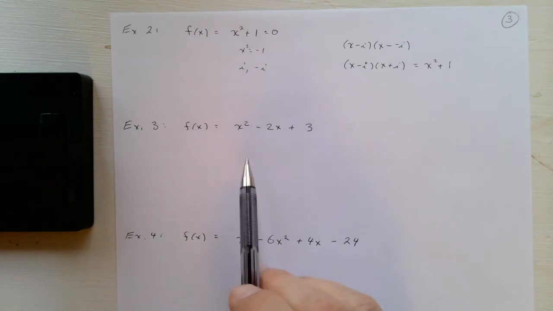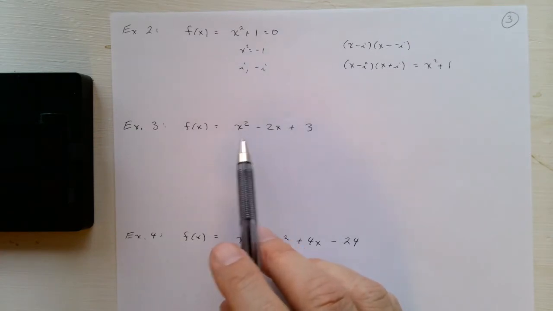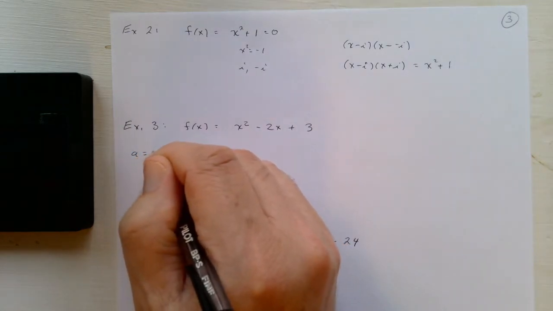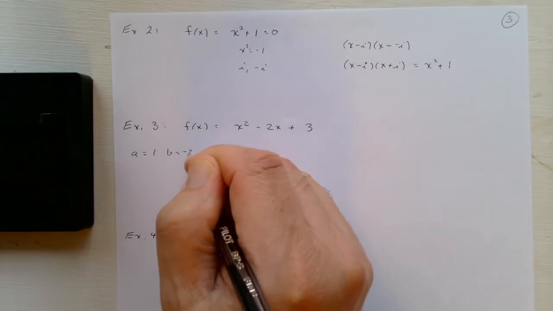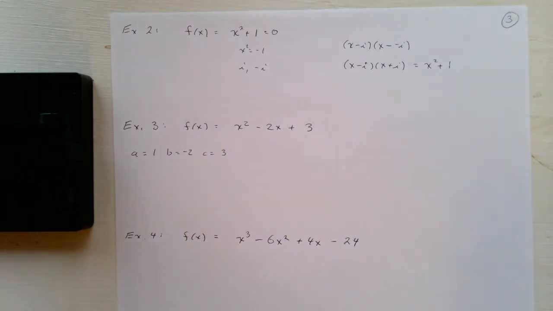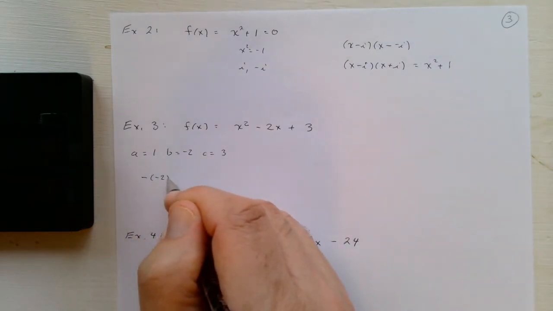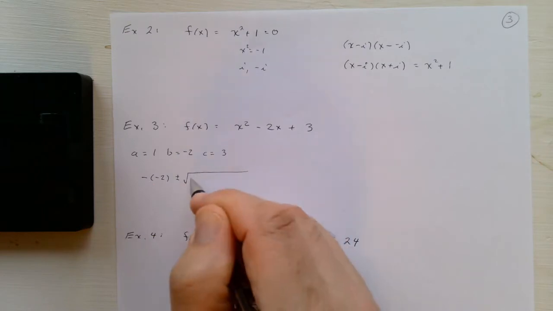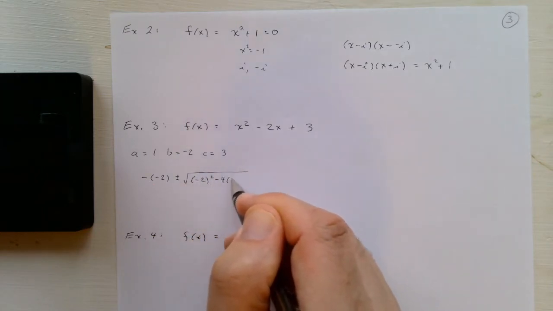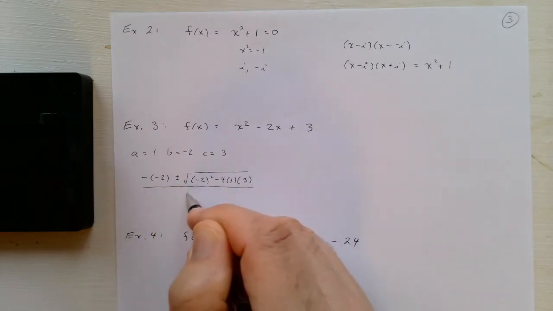All right, now if we go to example 3, let's look at this. This is a quadratic polynomial. We use the quadratic formula where a is 1, b is negative 2, and c is 3. If we do that, the quadratic formula says we take minus b plus or minus the square root of b squared minus 4 times a times c all over 2a.